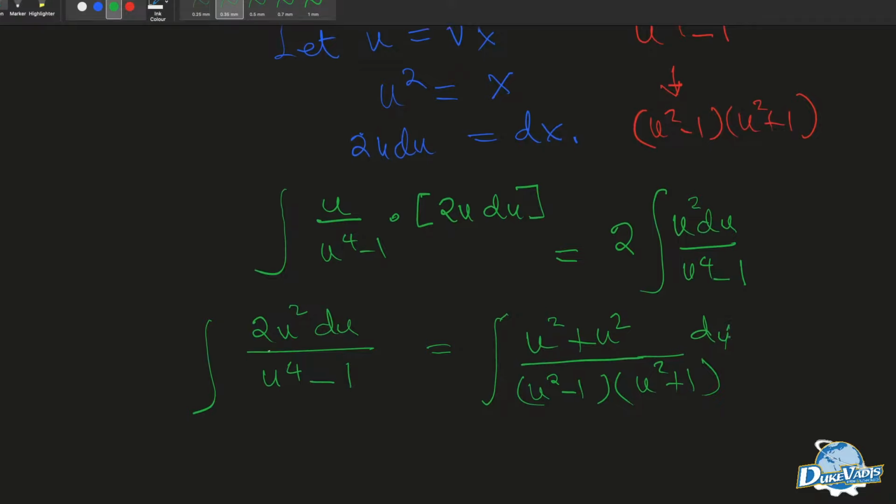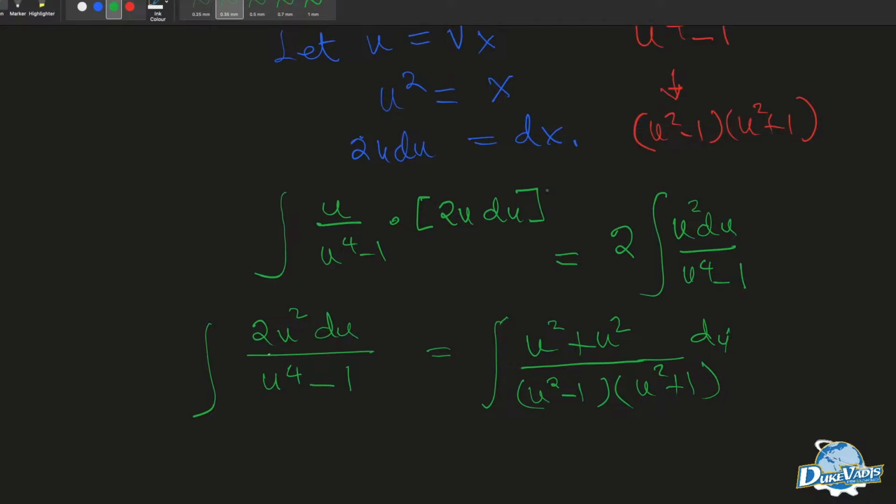So from here, let's go down. What I have done is I say 2u squared du over u raised to the power 4 minus 1, and I've expressed it as the integral of u squared plus u squared, which is the 2u squared.